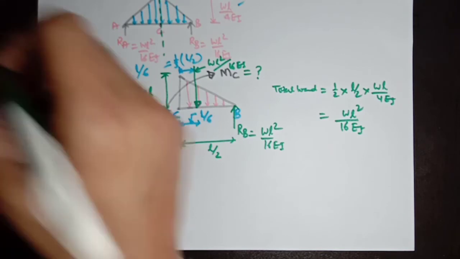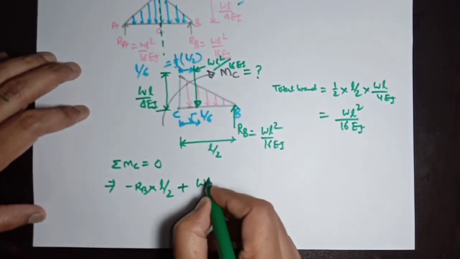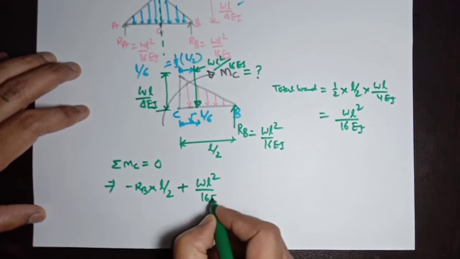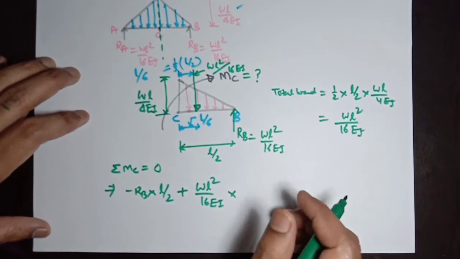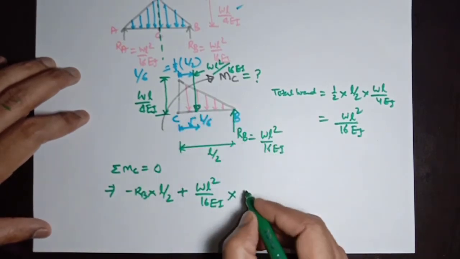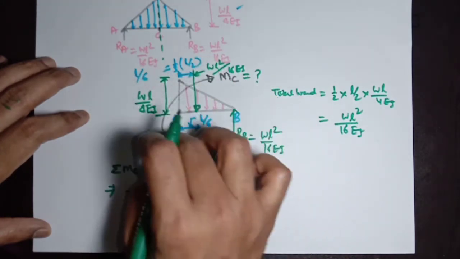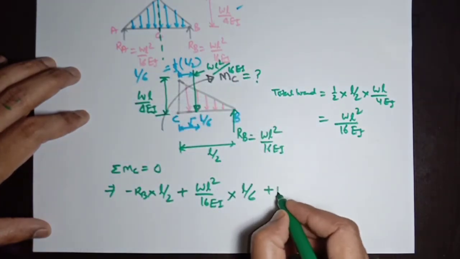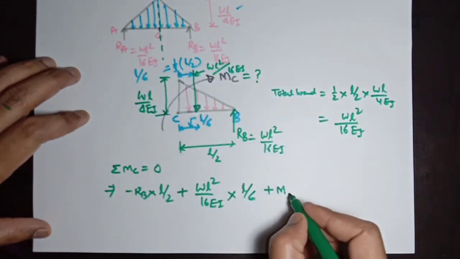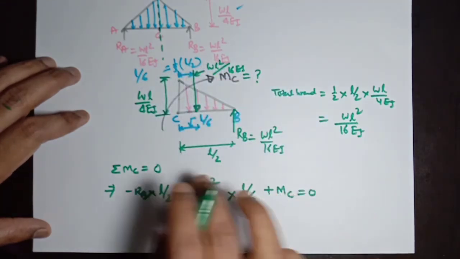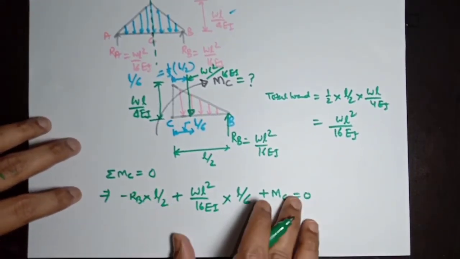So here we can write total load is WL square divided by 16 EI. So plus WL square divided by 16 EI multiplying with this centroidal distance of the triangular loading, L by 6, and this is the MC which I have assumed, which will be positive as MC we have taken in clockwise direction. This will be 0. This is the expression for summation of all moment about point C.